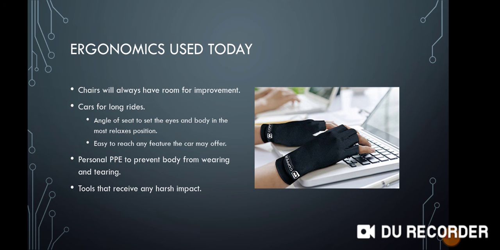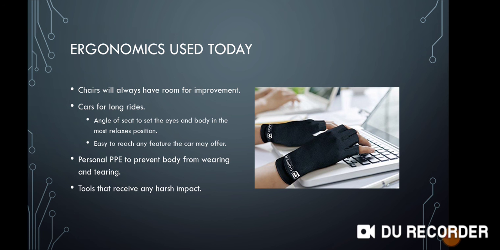Ergonomics is used inside of cars for more comfort, to set the angle of the seat, and to set the eyes and the body in the most relaxed position for the long hours of driving. And then just for easy reach, it's always better to have things within easy reach. A lot of touchscreens are made available for this, to have fewer buttons, anything to help with the body.